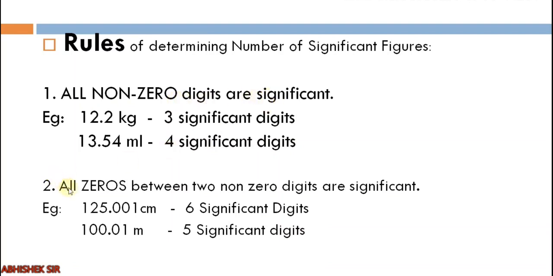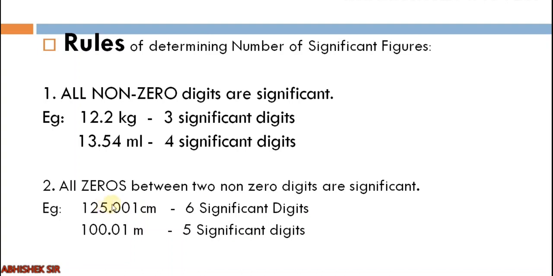Next rule: all zeros between two non-zero digits are significant. You see, the zeros in between two non-zero digits are significant, they are important, they must be counted. That is why here the example is 125.001, right?